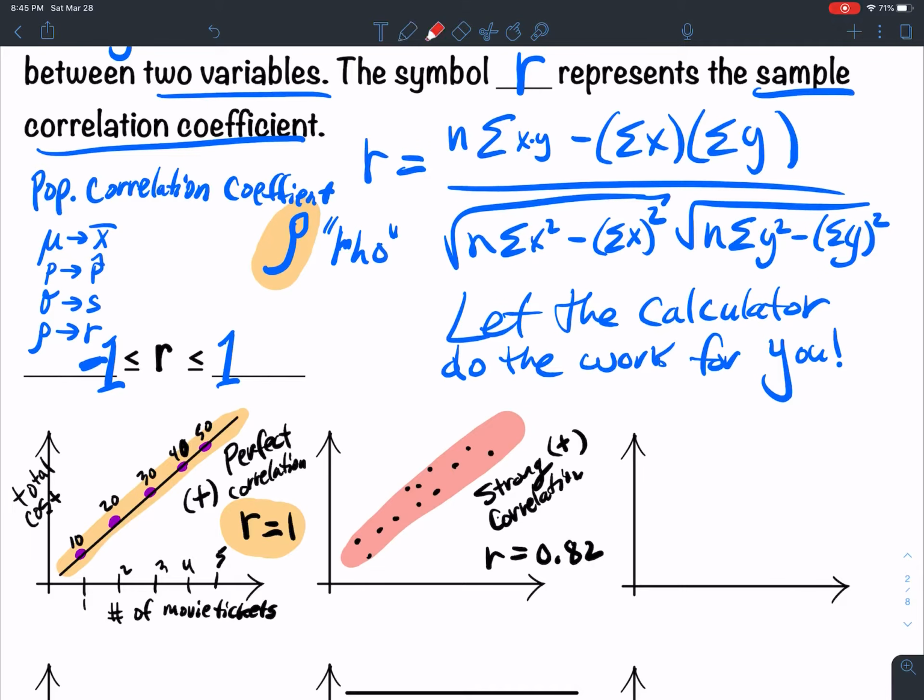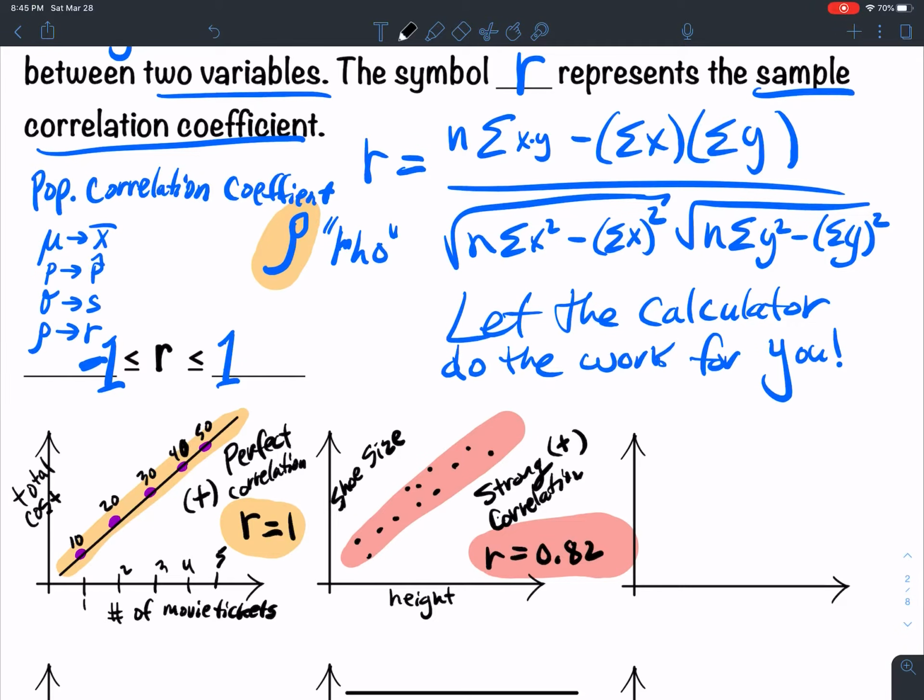I'm just making up those numbers, but the 0.8 region is strong. So maybe it's like a person's height versus shoe size. Maybe the bigger they are, the bigger size shoe they have, right? But it's not always like that.